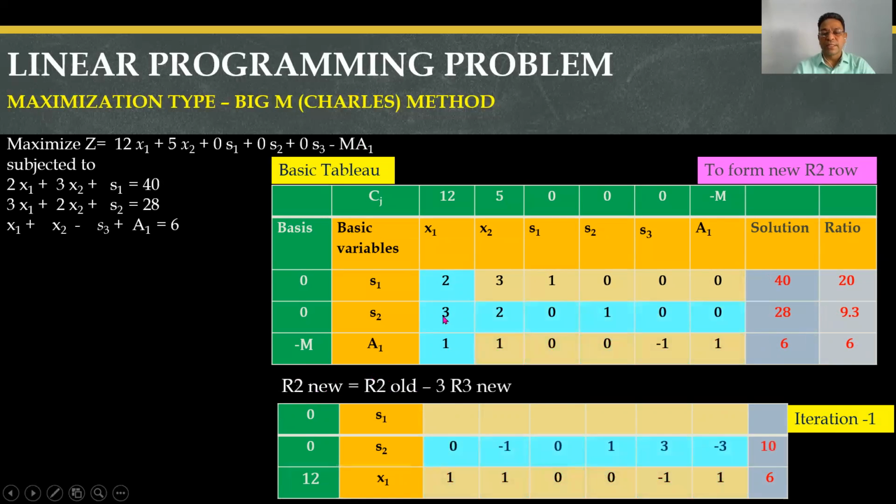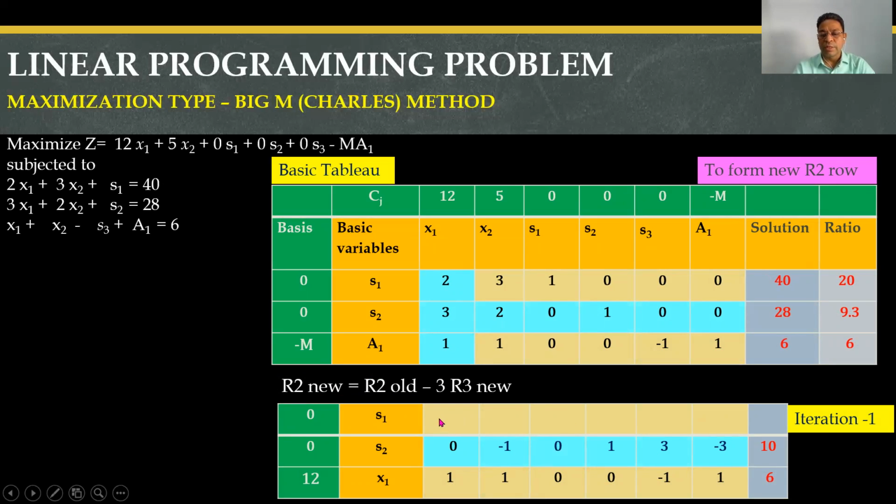Next, we'll change the R2 row. R2 can be changed as R2 old minus 3 into R3 new. So this will be 3 minus 3 into 1, 3 minus 3 is 0. Similarly, 2 minus 1 into 3 is minus 3... 2 minus 3, that is minus 1, and so on.